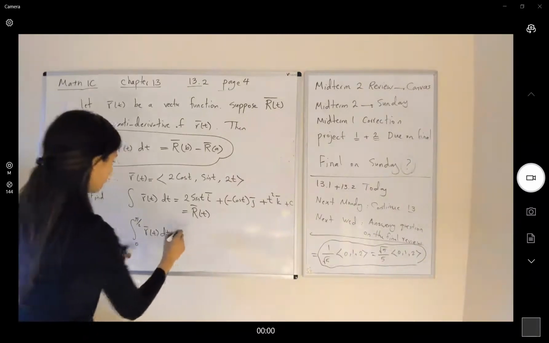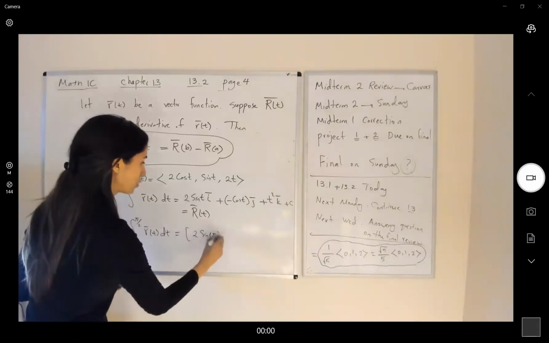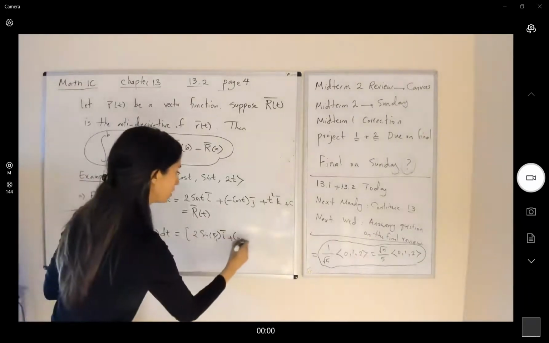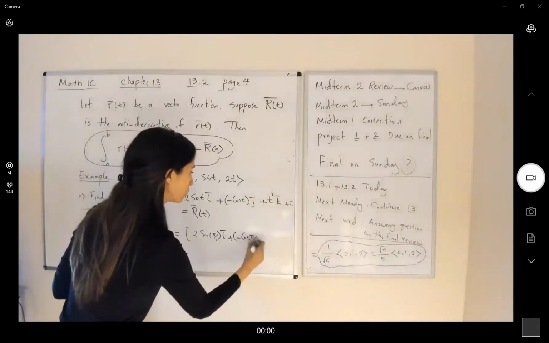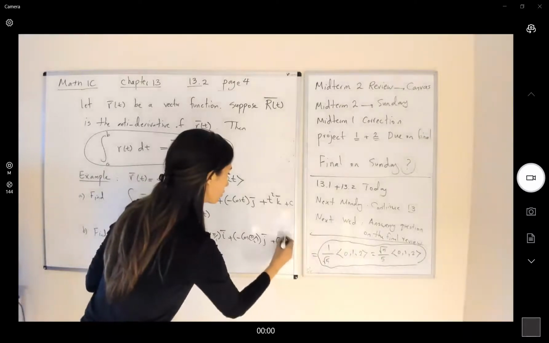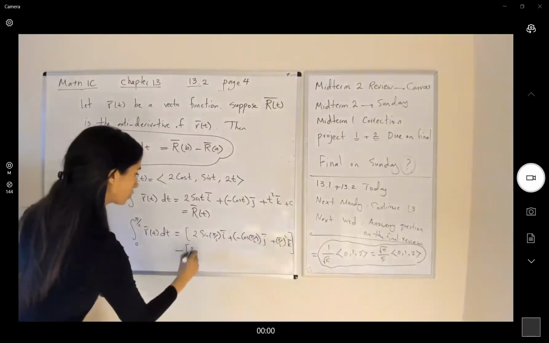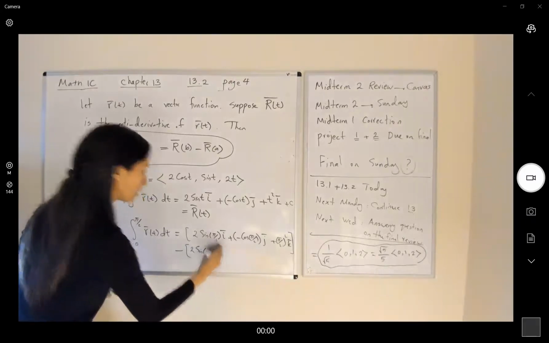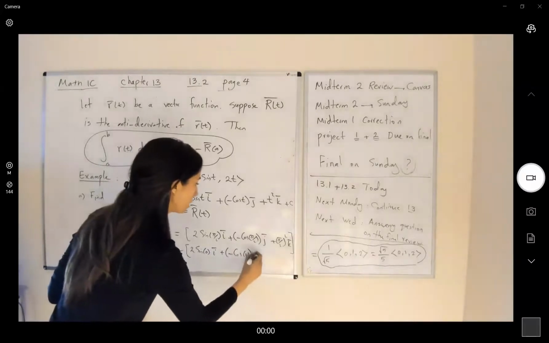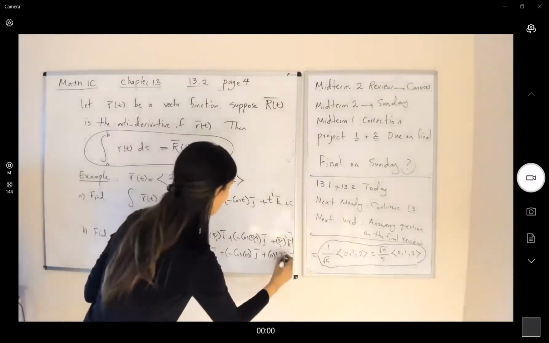Okay, if I plug in pi over 2, I get 2 sine pi over 2 in the direction of the x-axis plus negative cosine of pi over 2 in the direction of the y-axis plus pi over 2 squared in the direction of the z-axis, minus 2 times sine of 0 in the direction of the x-axis plus negative cosine of 0 in the direction of the y-axis plus 0 squared in the direction of the z-axis.